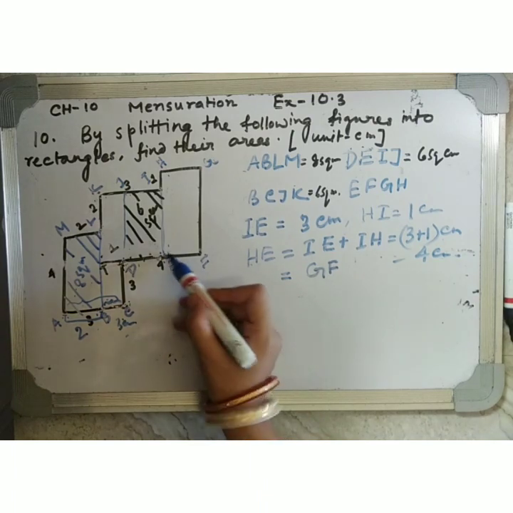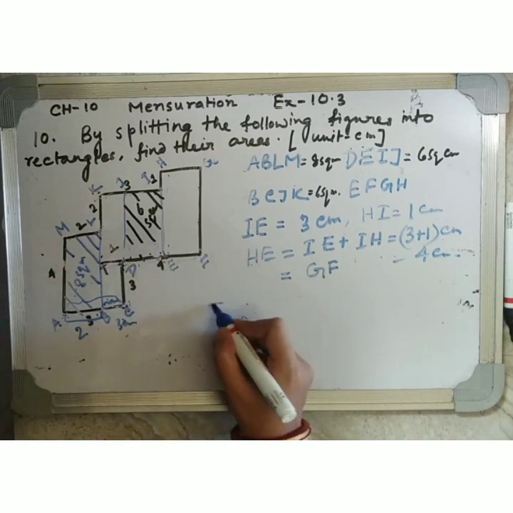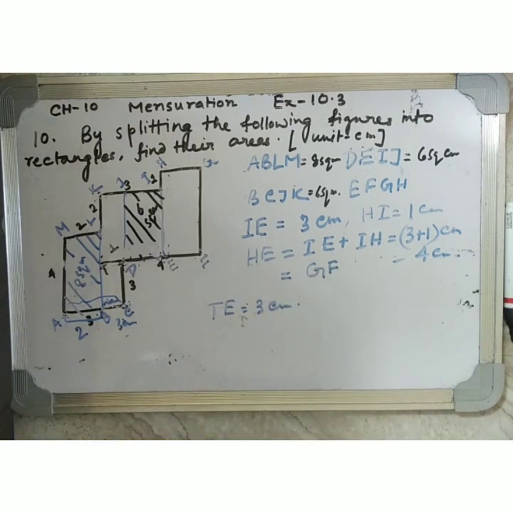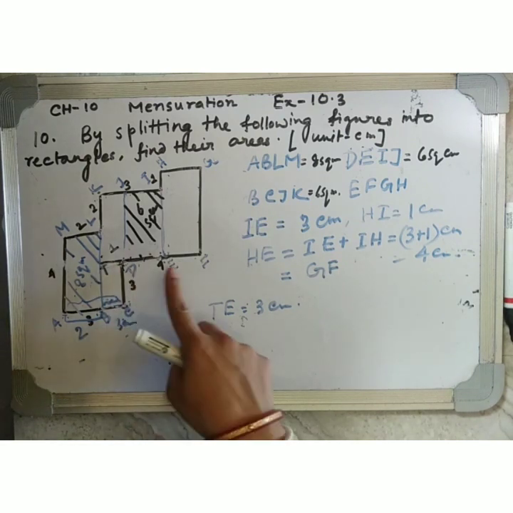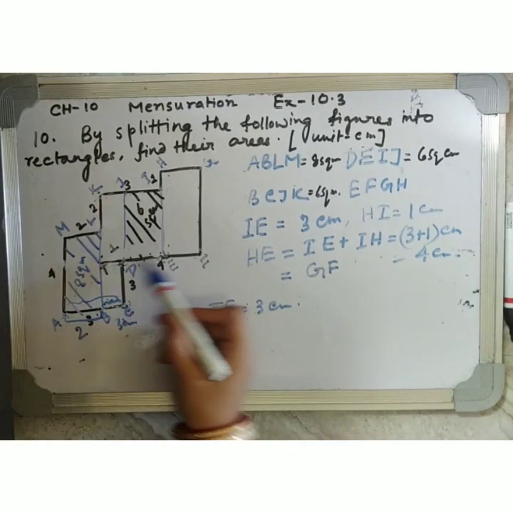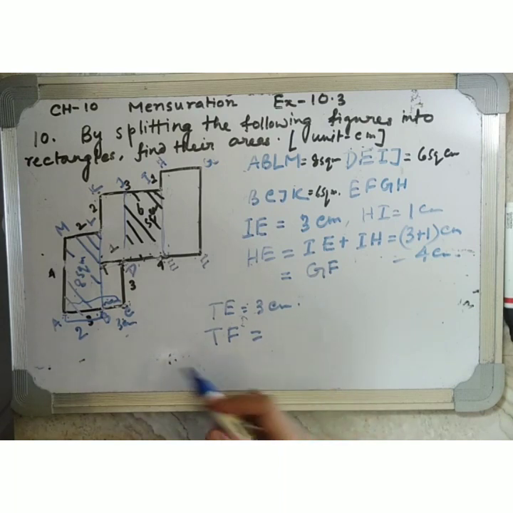And how to find the length of EF? Now see, TE was equal to 3 centimeter. Now what to do? Now see, the part TF, how to find it?